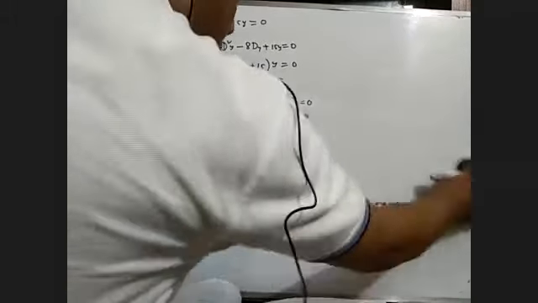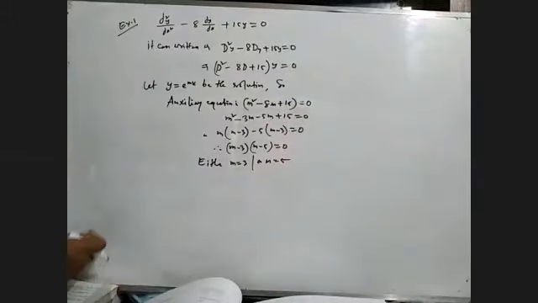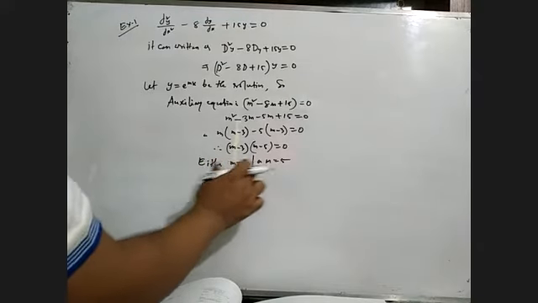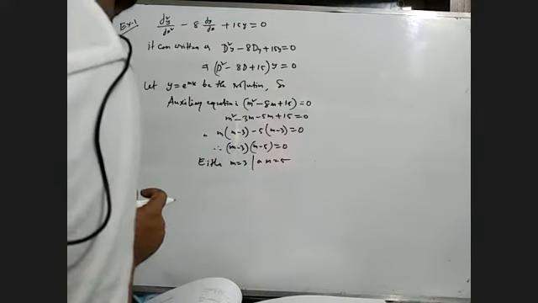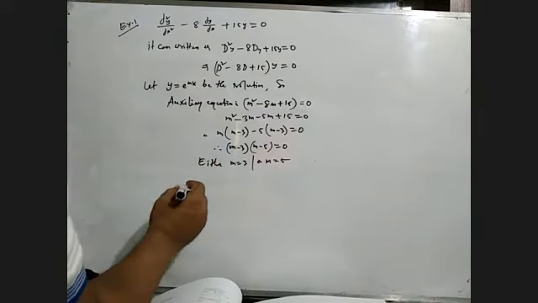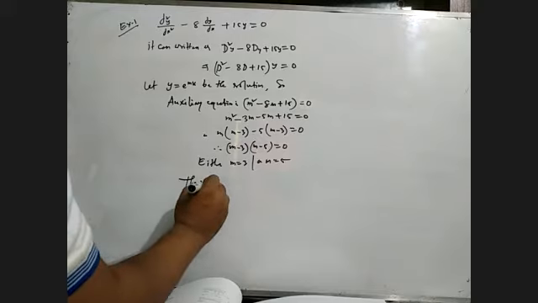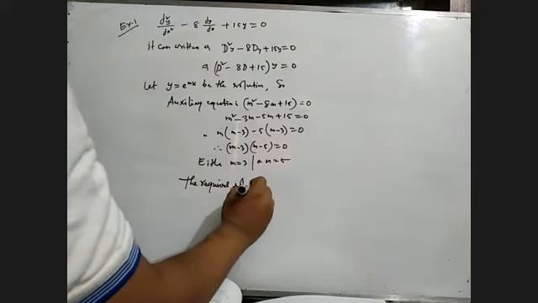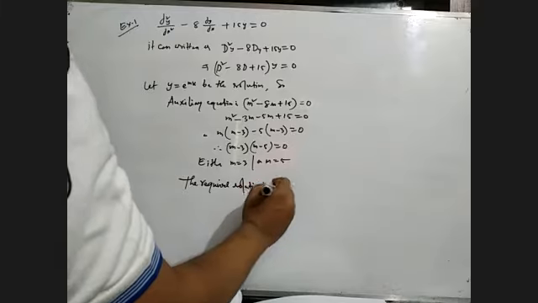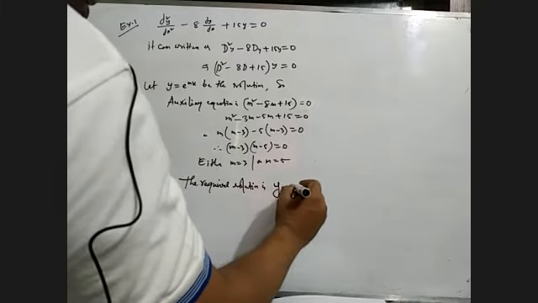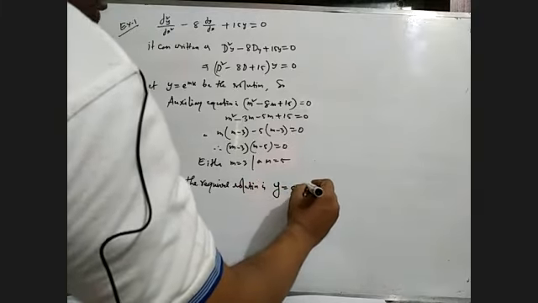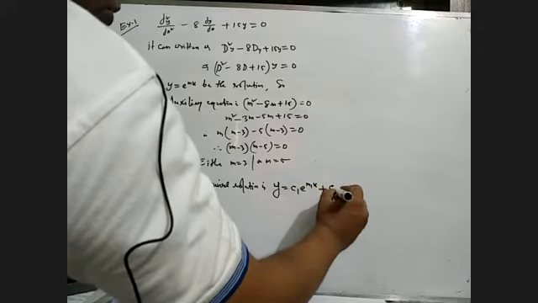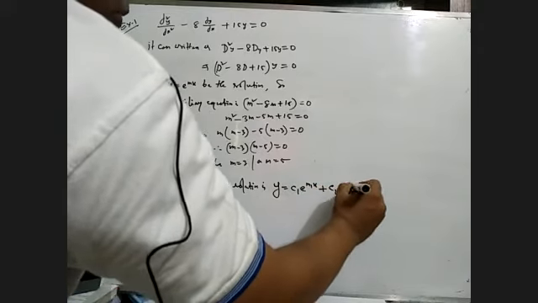Now what will the solution be? Here the roots are different, remember it. Since the roots are different, the required solution is y equals c1 e^(m1 x) + c2 e^(m2 x).